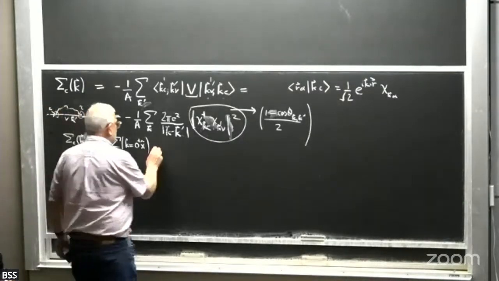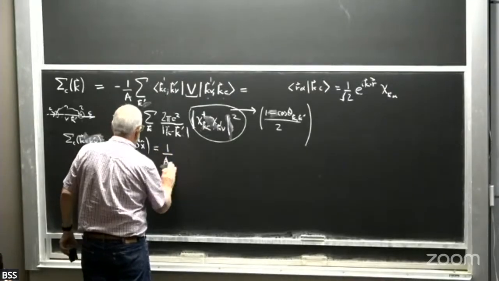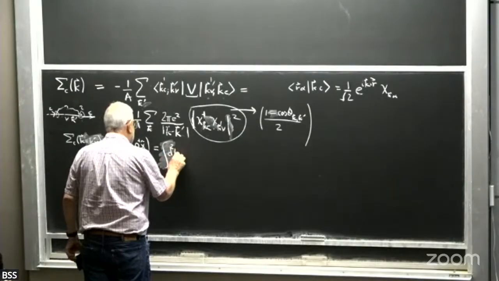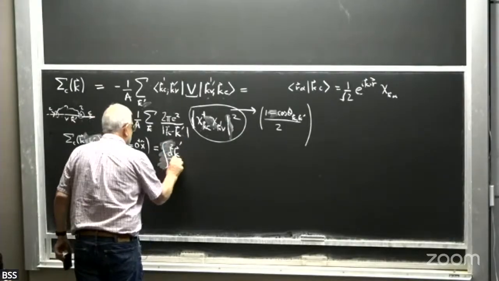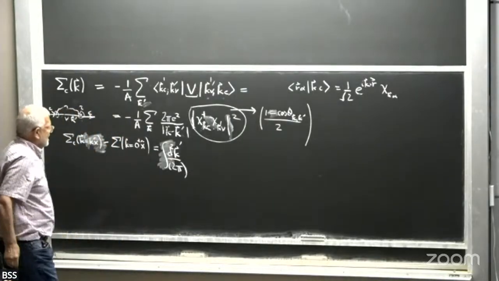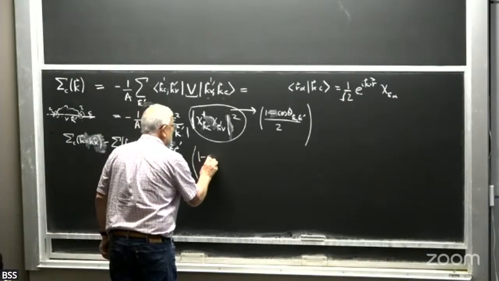And so it's 1 over k prime almost everywhere in the integral. And let me write this k sum now as an integral. And I have this factor that comes from the spinors.